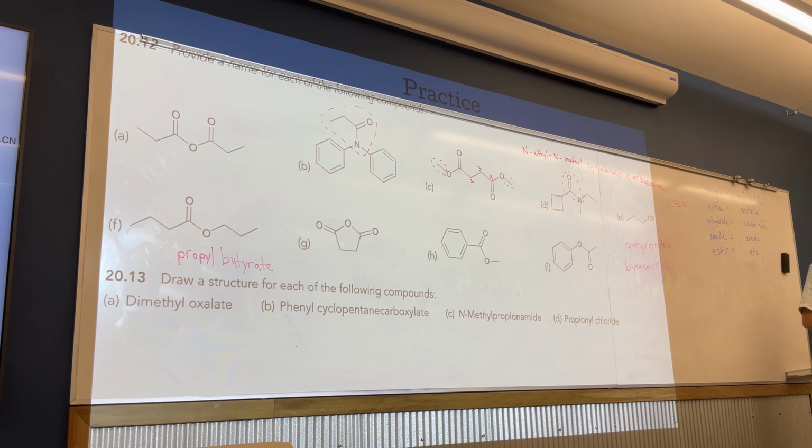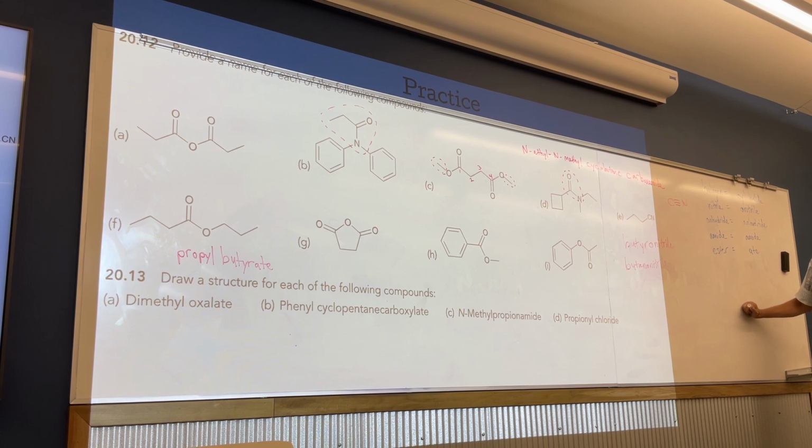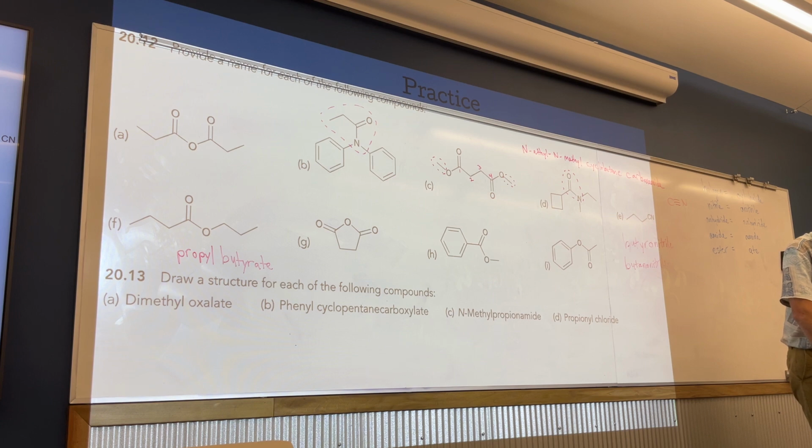Now this next one, I actually don't remember what the next one is. How do we do that? Because there's a ring in there, cyclo. It's an anhydride, right? One, two, three, four. There are 4 carbons in there.